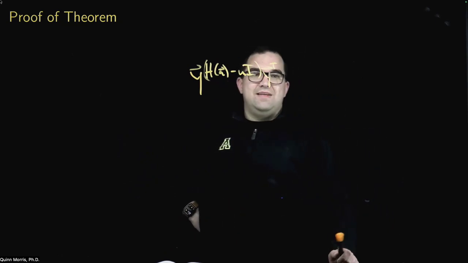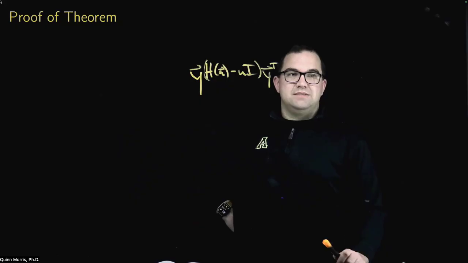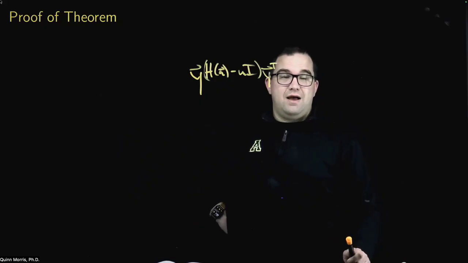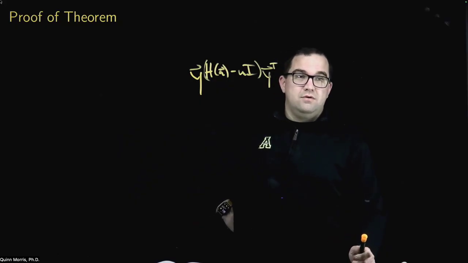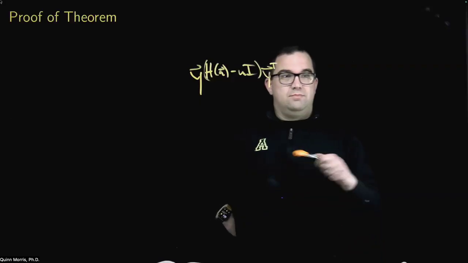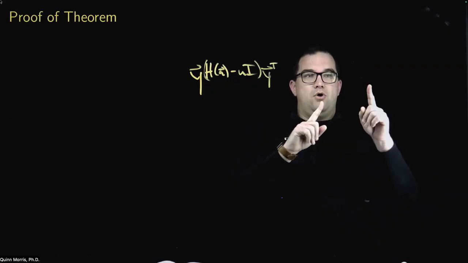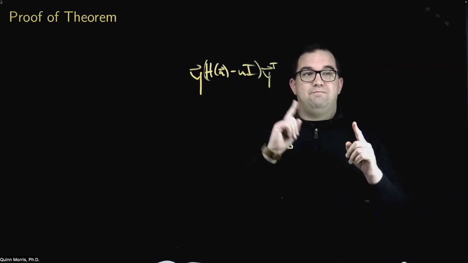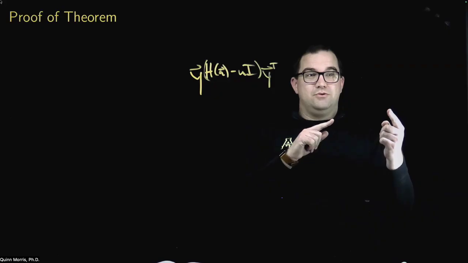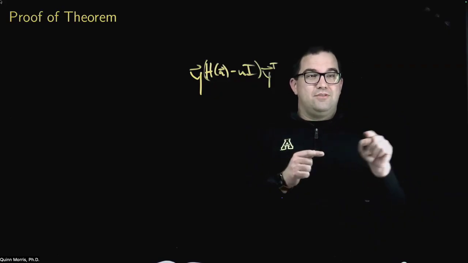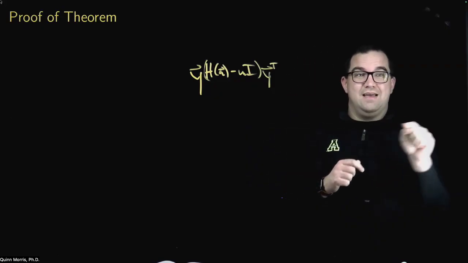Why? If it didn't take on positive and negative values, then all the eigenvalues would have to be negative or all would have to be positive. If it didn't take on both, it wouldn't be possible to have both negative and positive eigenvalues, again because those statements about the sign of the quadratic form are if and only if.